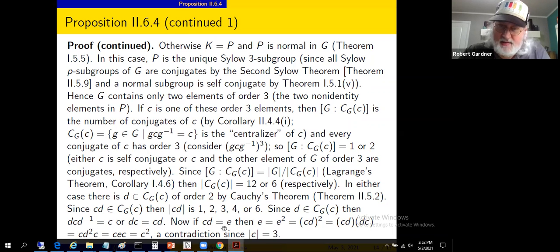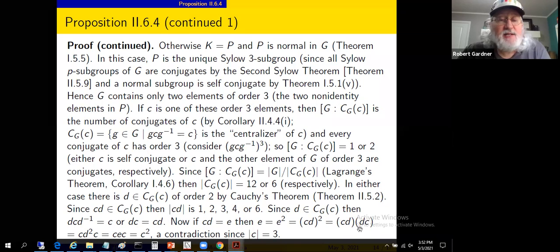If CD equals the identity, then the identity is the identity squared. We're saying suppose the identity is CD, so we'll take CD squared. That's CD times CD. It's also CD times DC by that commutativity.